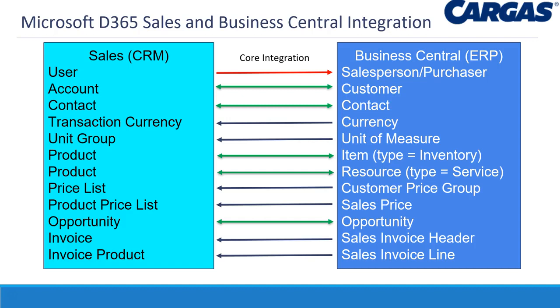There's the price list in Business Central goes up to CRM. And there's also a two-way on the opportunity creation between CRM and Business Central, as well as finally the invoice header and line being created in Business Central and passed up to CRM for visibility.